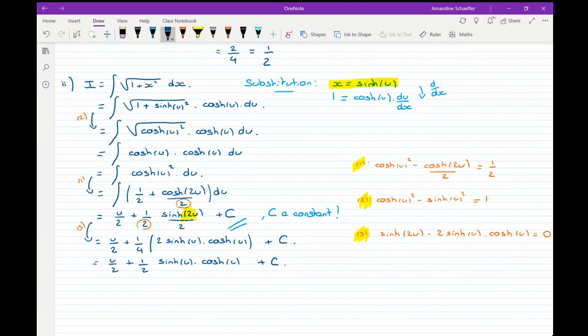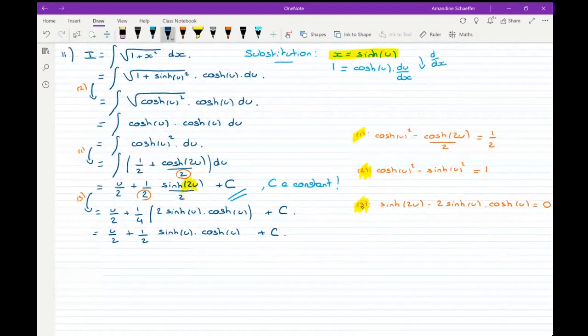Okay, getting there. So now I'm going to go back to the initial variable. Using the fact that x equals sine u, so u equals sine -1 of x, the inverse sine hyperbolic function. Okay, and this is going to be easier there.